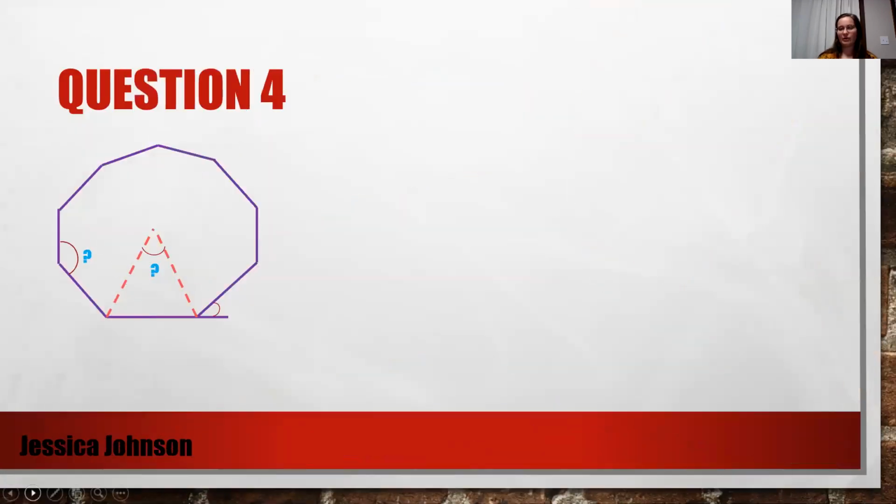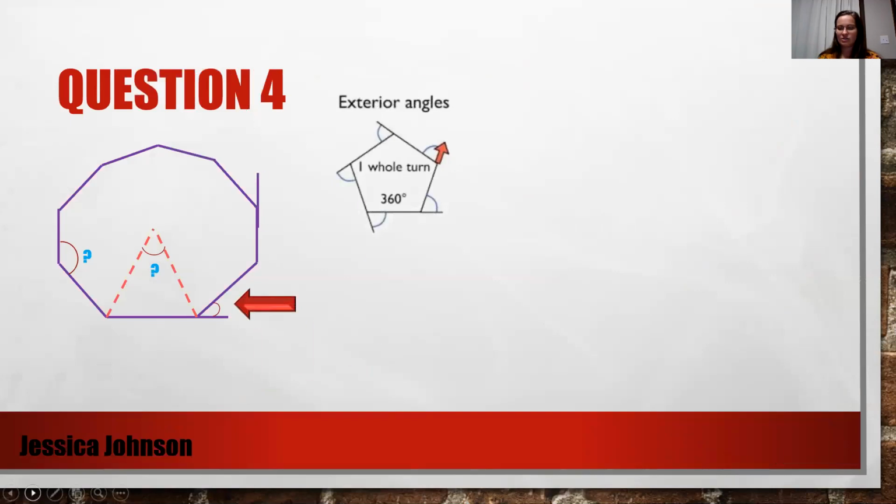What are exterior angles? Exterior angles are the angles on the outside of the polygon. We want to look at the angle right here. But actually, there are exterior angles that go all the way around this polygon. If we extended each line segment along the polygon, we have 9 exterior angles.